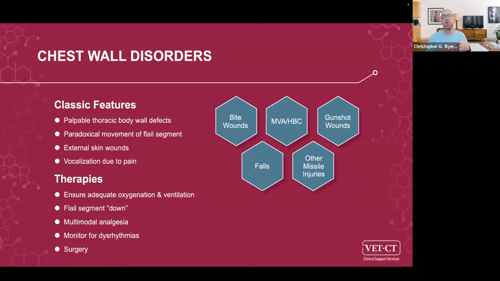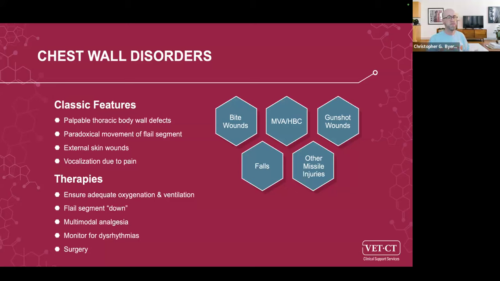So we need to be prepared to not only ensure that they are able to oxygenate and ventilate adequately, but we need to ensure that we are providing exquisite multimodal analgesia using our choice of a validated objective pain scoring system to serially assess their response.